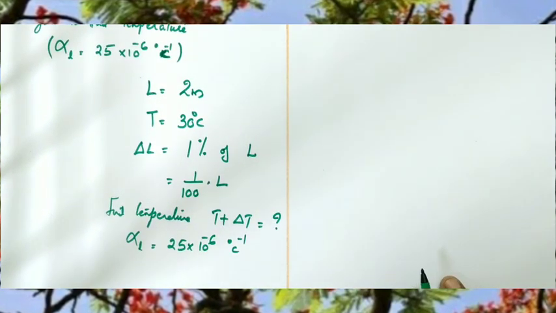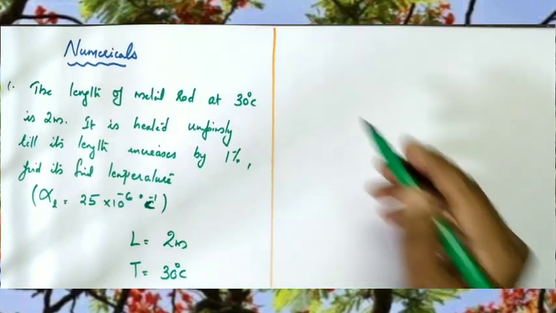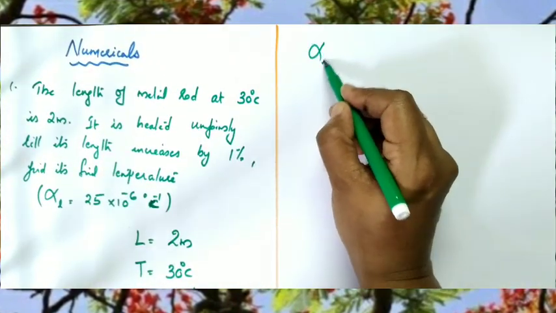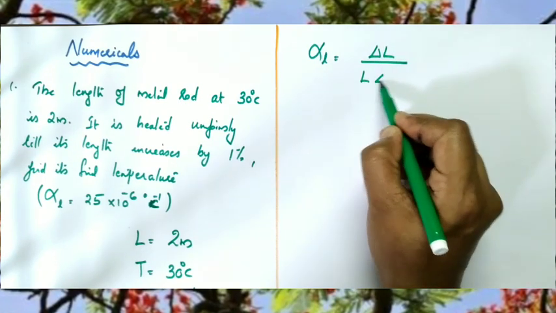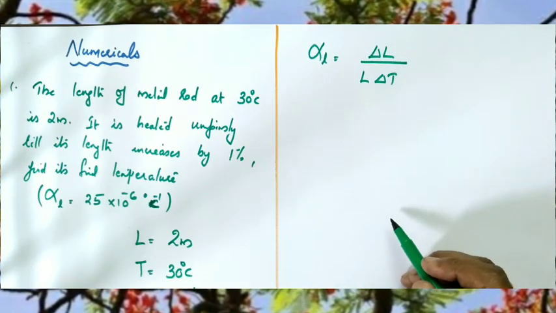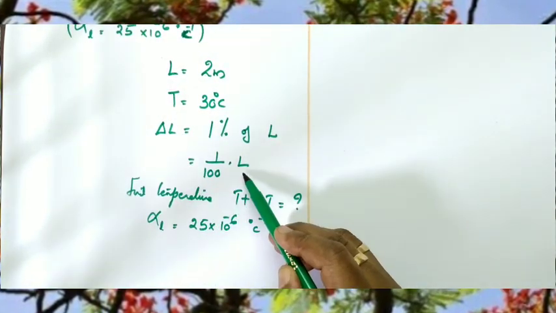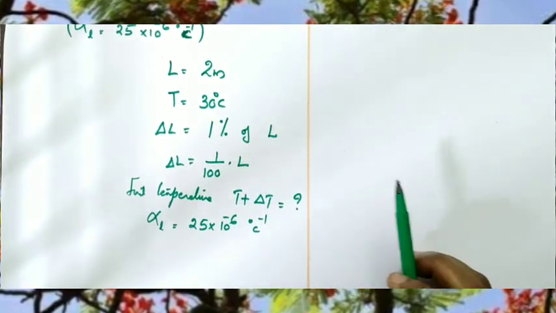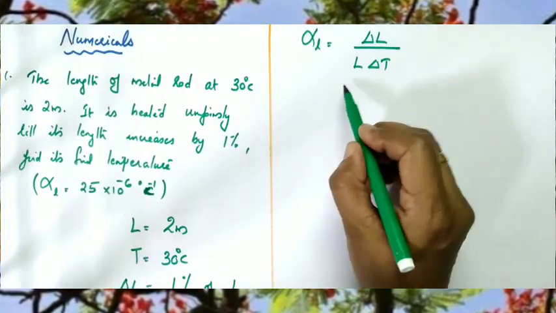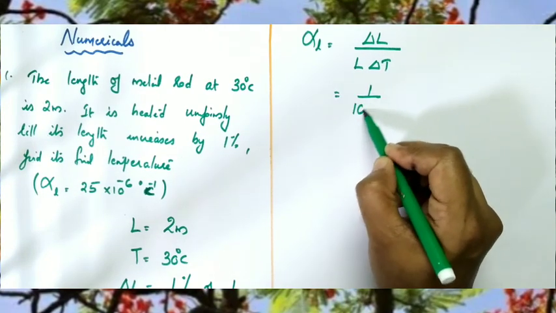We have the direct relation. What is the formula for coefficient of linear expansion? Alpha L is equal to delta L divided by L into delta T. Clear? Delta L by L, the fractional increase in length, is 1 by 100.